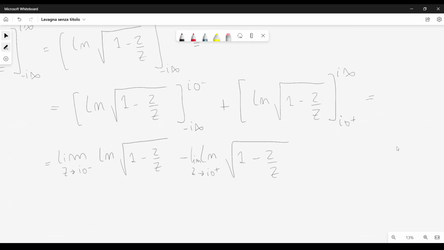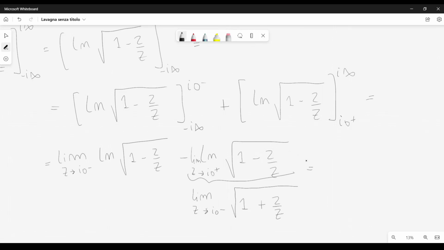But now I can use a trick because the limit, for example, this one on the right, where z goes to I0 plus, can be transformed into a limit as z goes to I0 minus, but in this case, inside the square root, I have to change the sign. Here, I have a plus instead of a minus, because this one will change sign. It means that z will change sign, therefore I have to change the sign here.